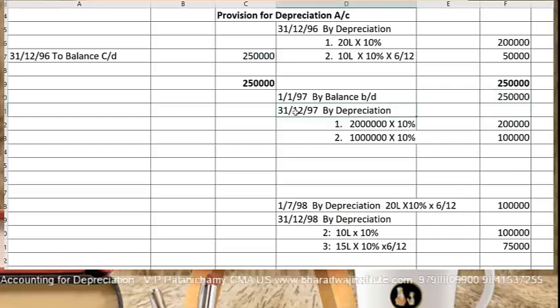Then at the end of the second year, by depreciation, only two machines we are having. SLM we are following as of now. 20 lakh into 10% is 2 lakh, 10 lakh into 10% is 1 lakh. So on, 31/12/97, to balance carried down.